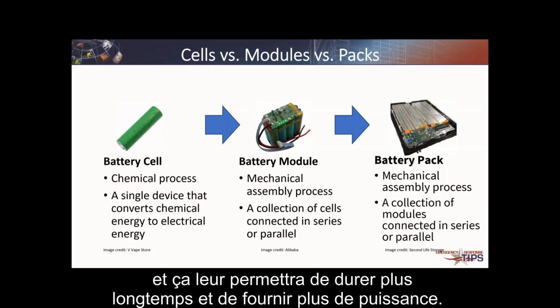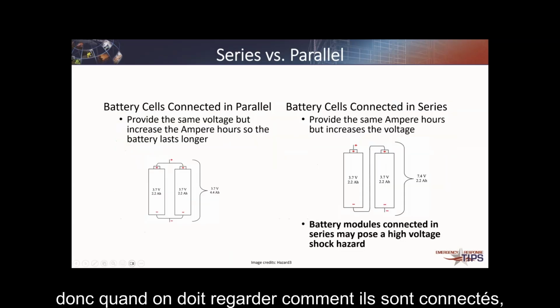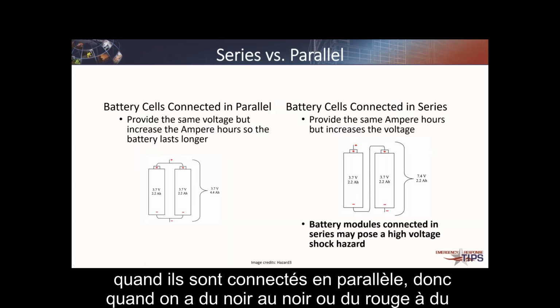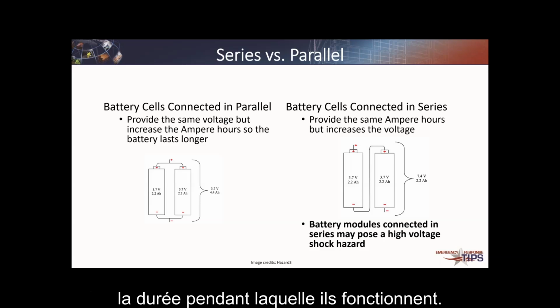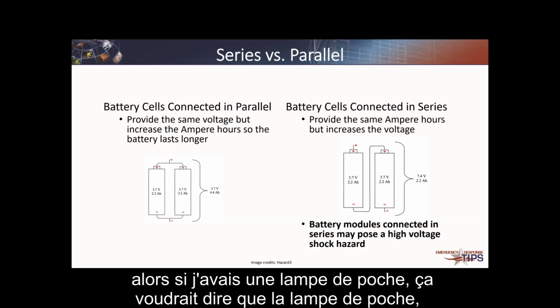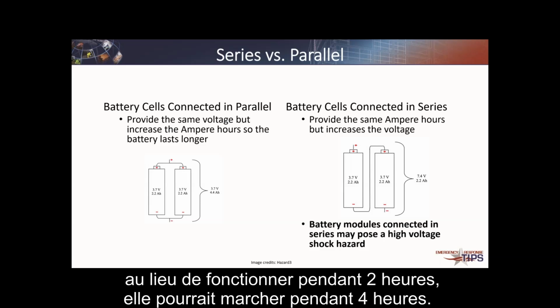And that will allow them to last longer and provide more power. So when they're connected in parallel, so when you have black to black or red to red, or just positive to positive, negative to negative, that increases the length of time that they work. So if I had a flashlight, that would mean that the flashlight, instead of working for 2 hours, might work for 4 hours.